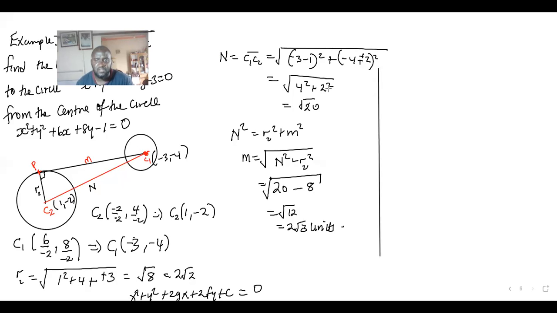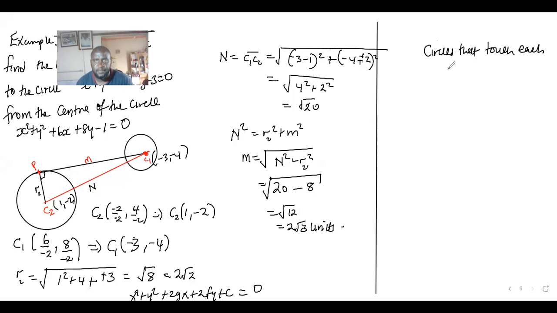So I've sent you a write-up on touching circles. If circles are touching, these are circles that touch each other. Circles can touch each other externally. When they touch each other externally, this is how they look.